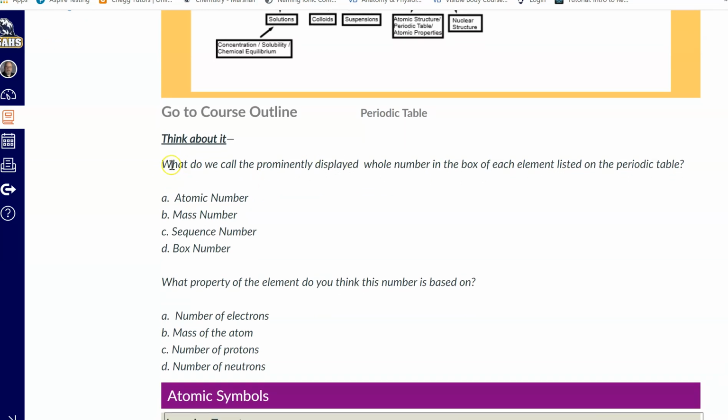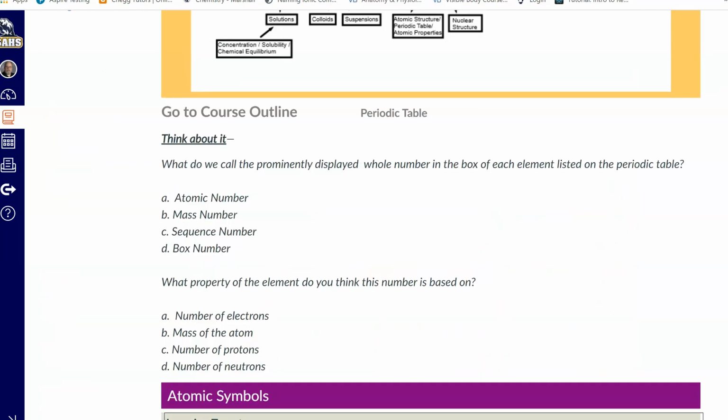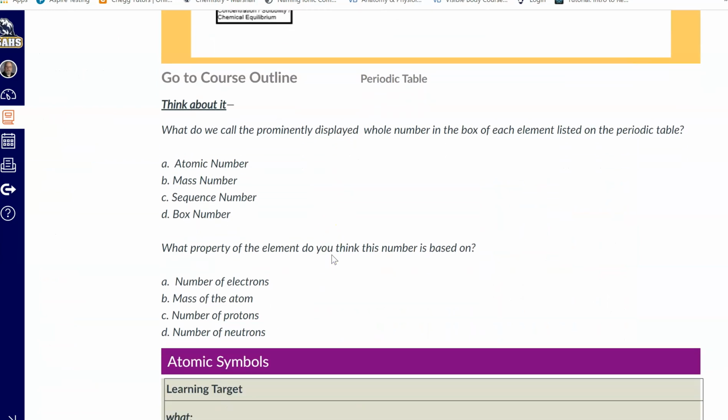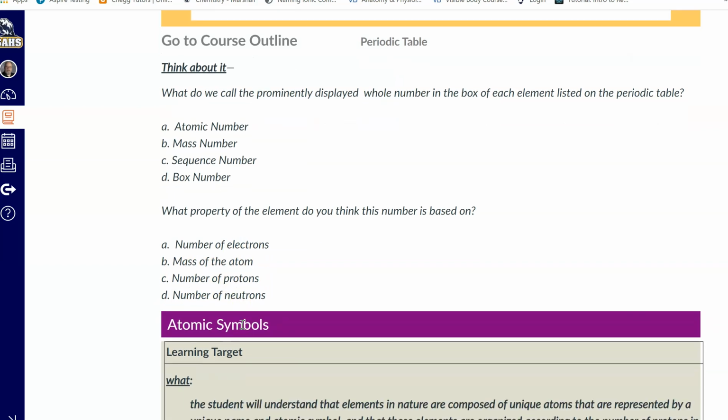I'm sure you are probably aware of the answers. What do we call the prominently displayed whole number in the box of each element listed on the periodic table? In other words, what do we call this number, 5 or 6 or 7 or 47? What are those numbers called? And the second question to start thinking about is what property of the element is this number based on? Is it based on number of electrons, mass of the atom, number of protons, or number of neutrons?